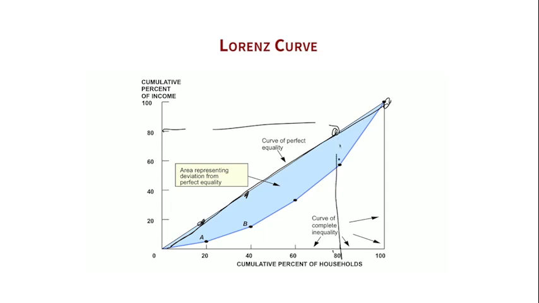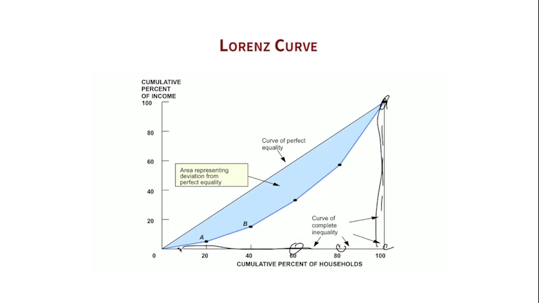That's perfect equality. At the other extreme is where it's perfectly unequal. In this case, if you went along this line, 60% would get nothing, 80% would get nothing, 100% would get 100% up there at the top. And so that's completely unequal.